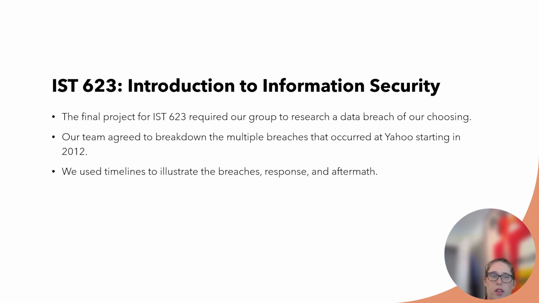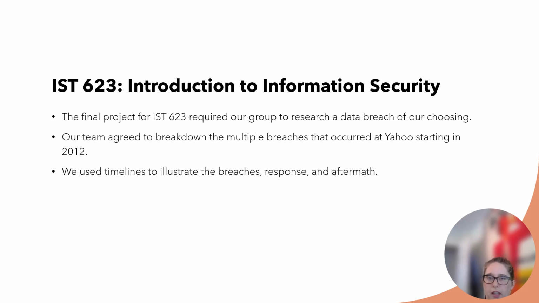The final course is IST 623, Introduction to Information Security. Our final project required us to research a data breach of our choosing. Our team decided to break down the multiple breaches that occurred at Yahoo starting in 2012. We used timelines to illustrate breaches, responses, and aftermath.